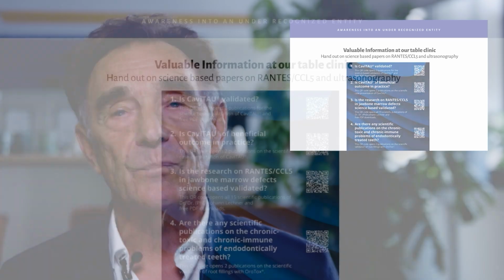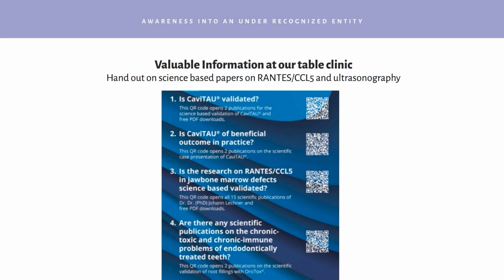Now we also have valuable information at the table clinics. This is a handout on our science-based papers on RANTES overexpression and the scientific validation of our ultrasonography machine.